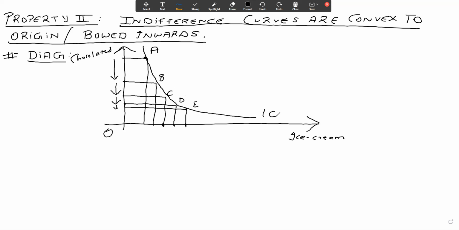I hope students have understood this logically. It means as you keep on consuming more of one good, you are lesser and lesser willing to sacrifice the other good.